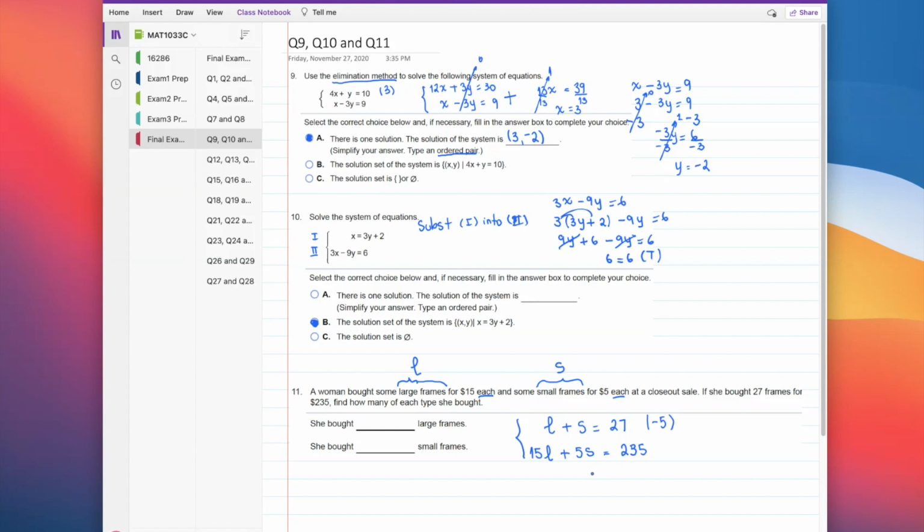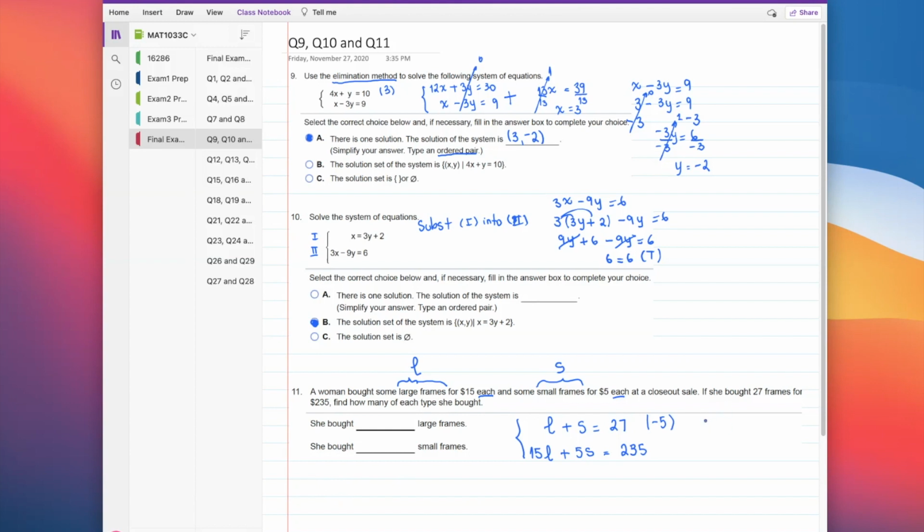As long as you have the method and the algebraic manipulation correct, you're gonna get the same answer. Someone can decide to multiply this by -15 to eliminate this first. Or another person can decide to solve for L or solve for S and then replace on the second one. As long as your algebraic manipulation is correct, the method that you choose will not make a difference.